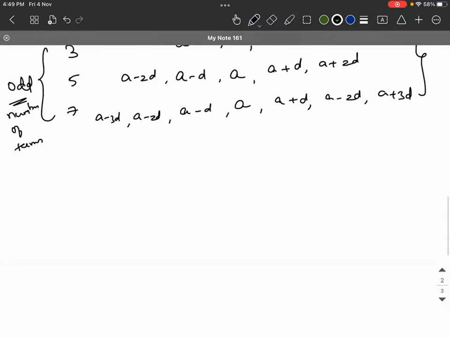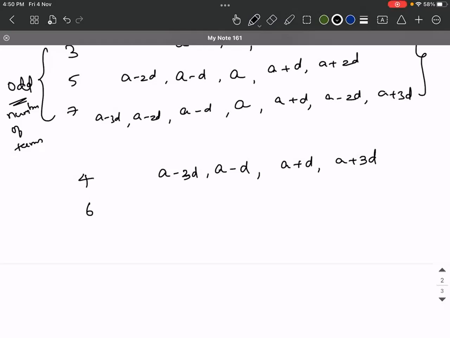This is when you have an odd number of terms. Whereas if you have an even number of terms, like 4 or 6, then what you do is start with A minus D on this side and A plus D on this side, and then you take A minus 3D on this side and A plus 3D on the other.